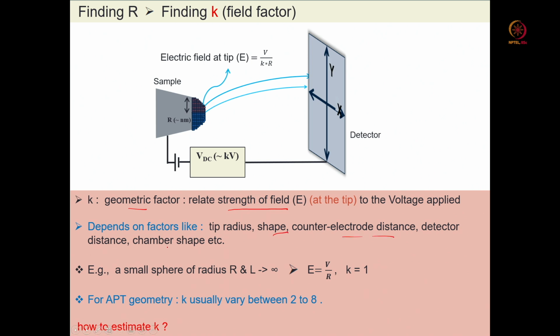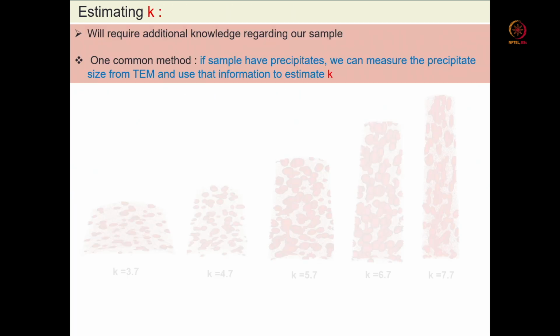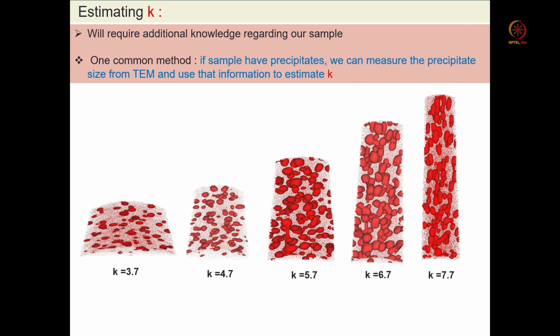If there is a small sphere of radius r, the field factor is actually 1. K usually varies from 2 to 8 in needle specimens. How to estimate K, I'll cover in more detail in a later class.